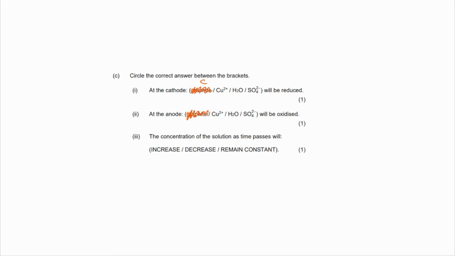So a better way is not looking at those negative and positive numbers. But anyway, if something is going to be reduced, what does that mean? That means out of these three, it's going to be the strongest oxidizing agent. Oxidizing, I butchered that. Oxidizing.